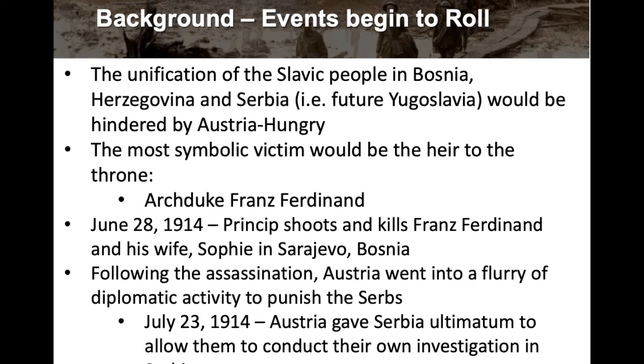And that is Archduke Franz Ferdinand. He was going to become the Emperor of Austria when the emperor died, when it was his turn. He would become the emperor. Right now, he's just an archduke.